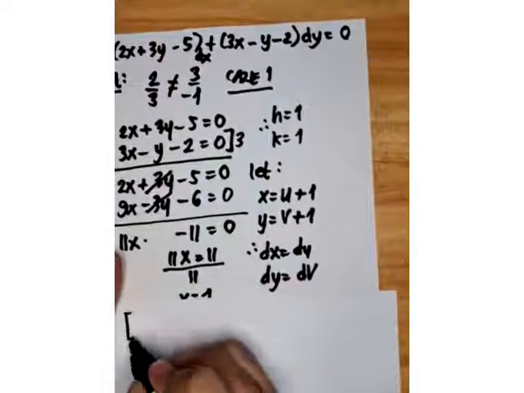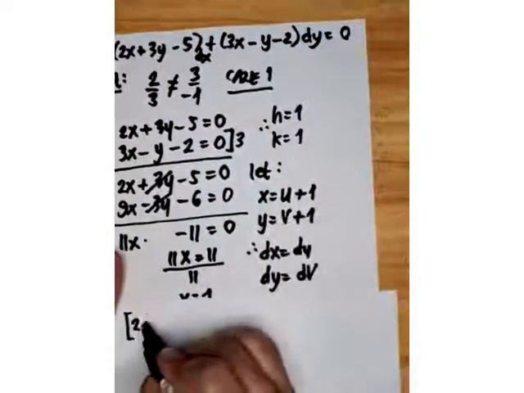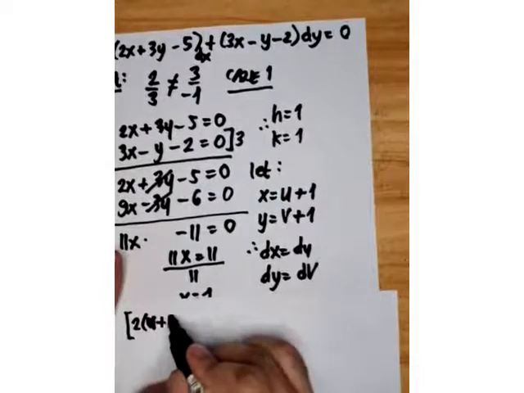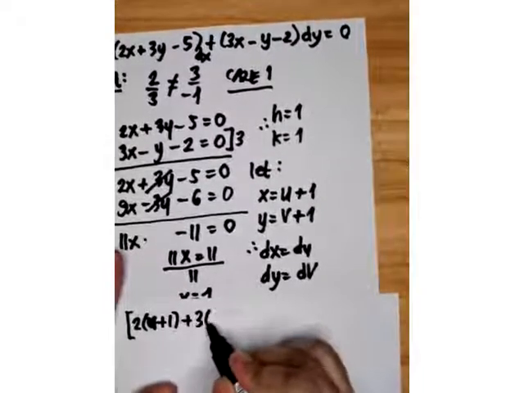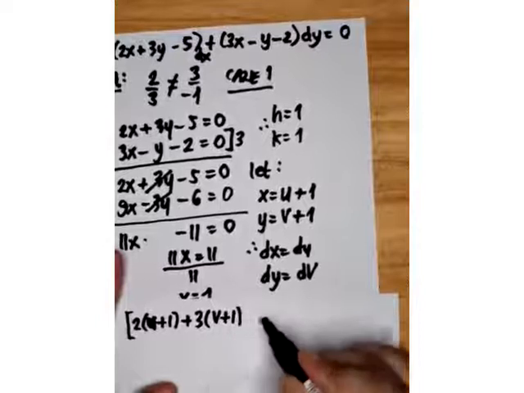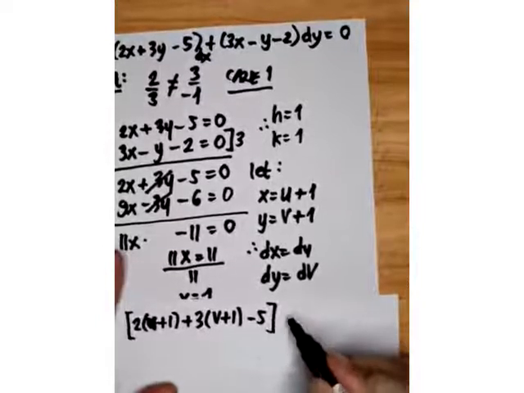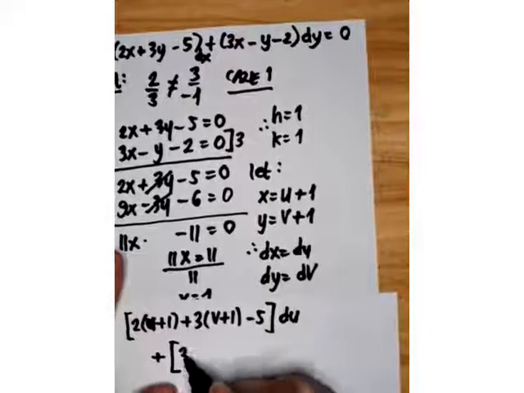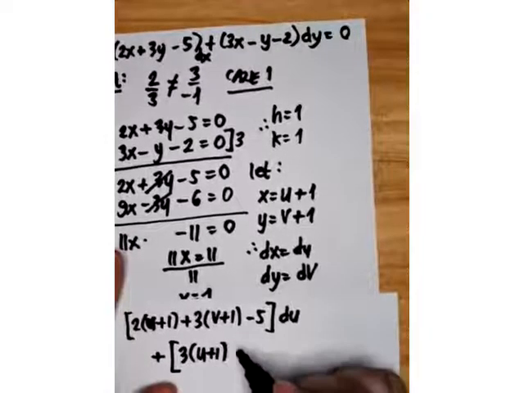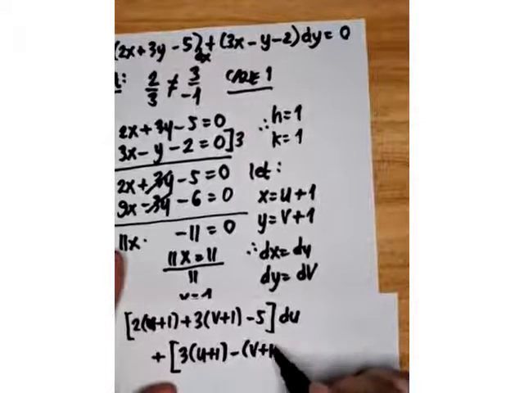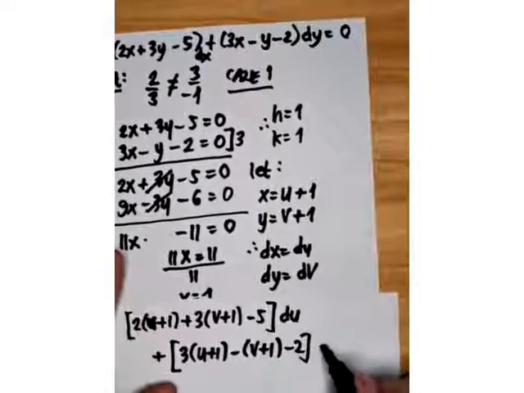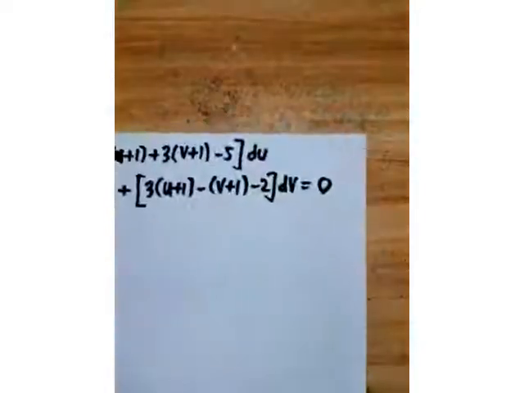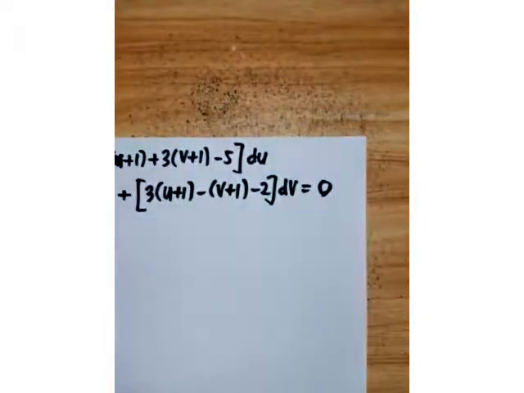So that's a quantity 2 times u plus 1 plus 3 times v plus 1 minus 5 du plus quantity 3 times u plus 1 minus v plus 1 minus 2 dv is equal to 0. Okay?